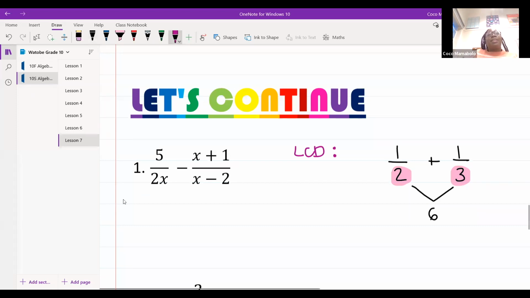And the reason we did that is because our denominators were different. Look at these two. Are they the same, guys? Nope, they're not. They're not the same. So how are we going to find the LCD, guys?